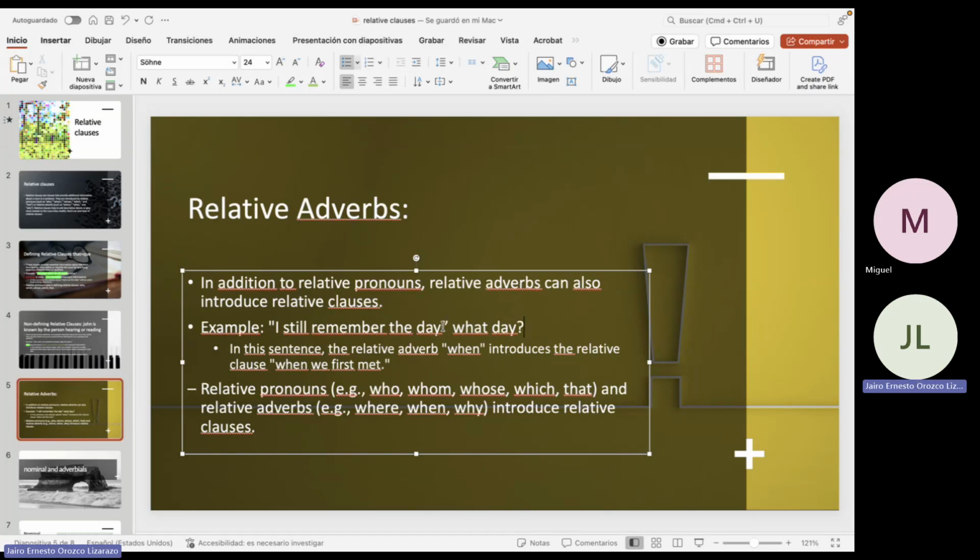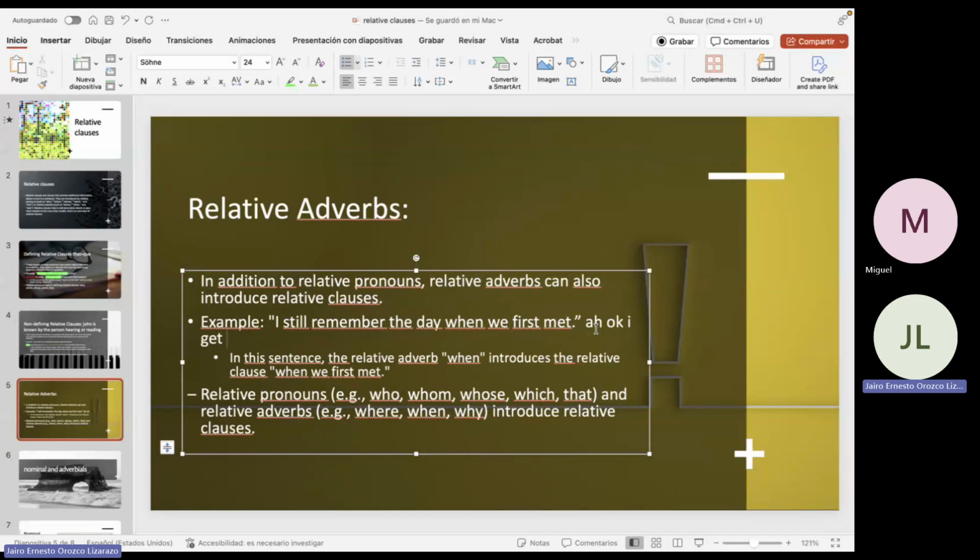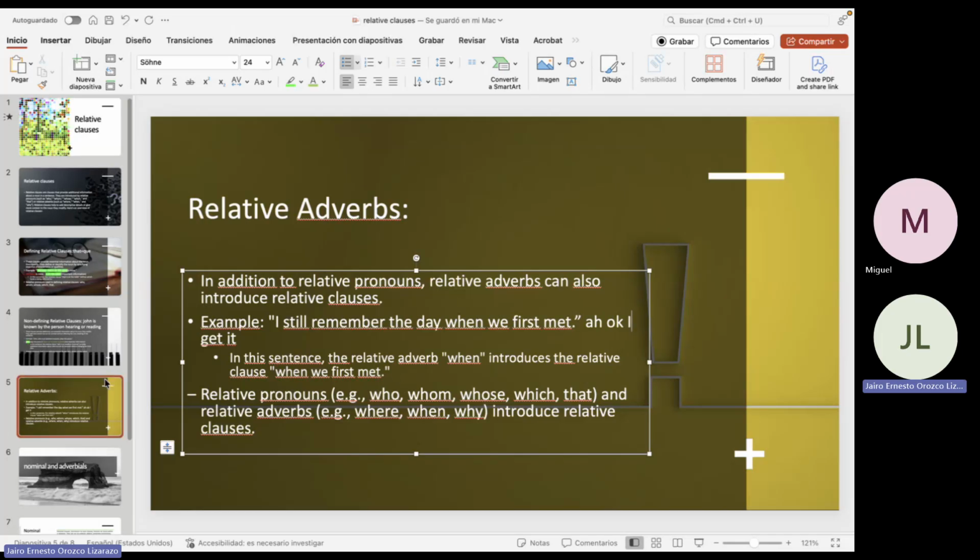So that information that you omitted before is important, right? "I still remember the day when we first met." Ah, okay, I get it. Then you can understand what day that person is talking about. So in this sentence, the relative adverb "when" introduces the relative clause "when we first met," right? So that information is important. Okay.